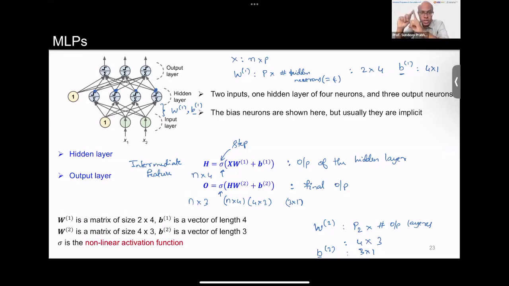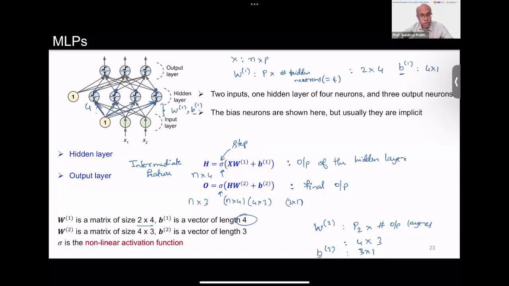But for now, we are choosing 4 neurons in the hidden layer. So that basically determines the size of the W1 matrix. That will be P times 4. And as we saw before, each of these 4 neurons would get 1 bias input, giving a size of 4 times 1 for B1. So W1 is 2 times 4 because we have 2 features and 4 neurons in the hidden layer. We have B1, which is of length 4, because that is what is feeding those 4 neurons.